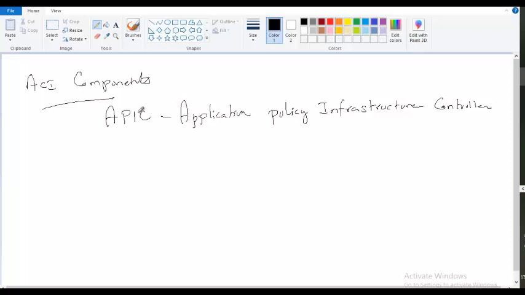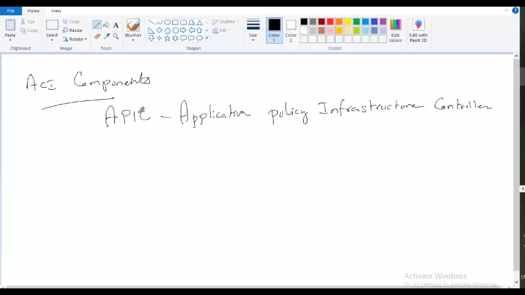But APIC does not come in the path of the data flow. APIC is not a switch to which the end device is connected. It just stays away from the data plane.